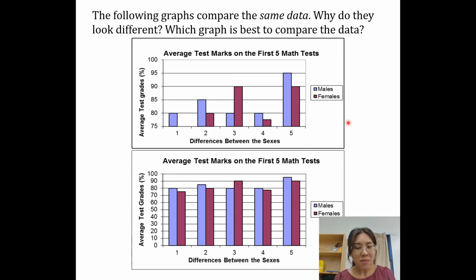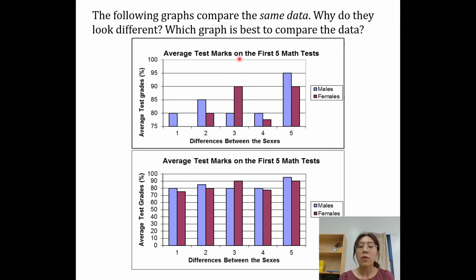Now that might not be so accurate, because when we look at the bottom graph, we see, oh, actually in test 1, females did write the test, but maybe their score was 75 and that wasn't shown in the top graph. And you will notice that in the bottom graph, when we compare the two data sets of males and female test scores, there isn't that great of a difference between the males and the females.